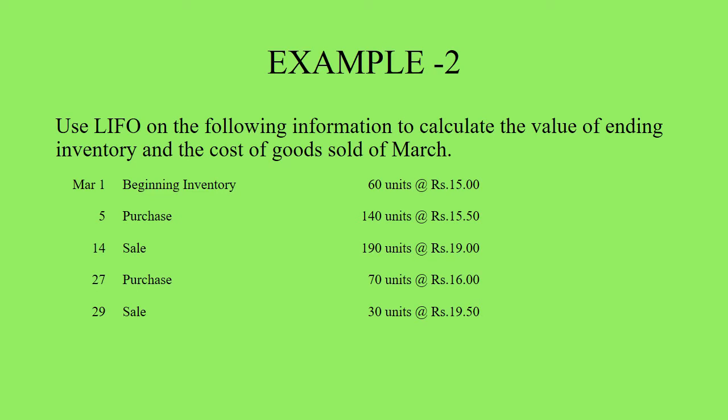On March 27th, again there's a purchase of 70 units at rupees 16 per unit. And on the 29th, there's another sale of 30 units at rupees 19.50 per unit. So we have to calculate the entire values to find out the ending inventory and the cost of goods sold for the month of March.